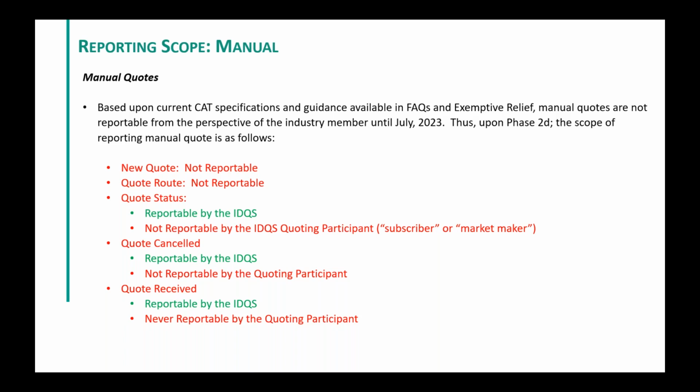So with respect to manual quotes, so again, anything entered via OTC dealer, the new quote and the quote route event are not going to be reportable. Those are only reportable from the perspective of the quoting participant. So those are out. The quote status event, which we'll talk about a little bit later, would only be reportable by the receiving IDQS, which is us.